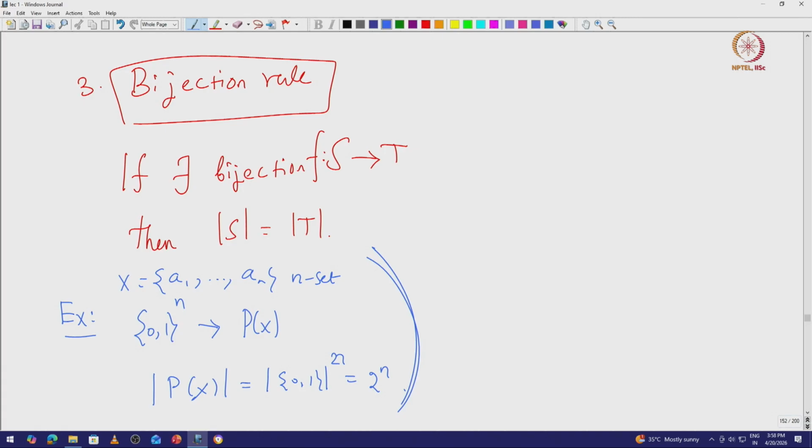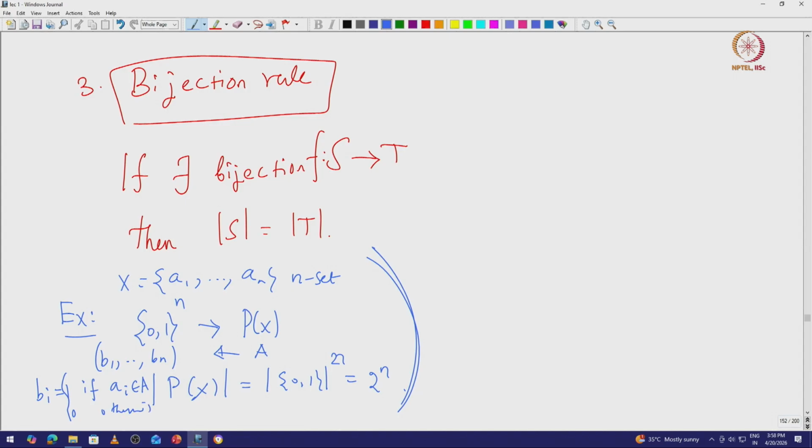So, recall that the map is defined as follows: you start with a subset A here and then you define the tuple, let us say b1 etc. bn, such that bi is 1 if ai belongs to A and 0 otherwise.